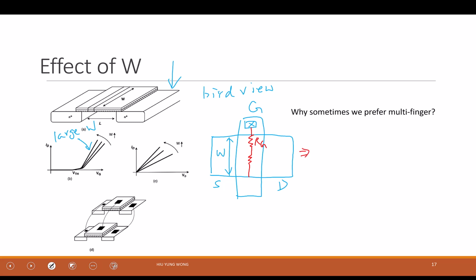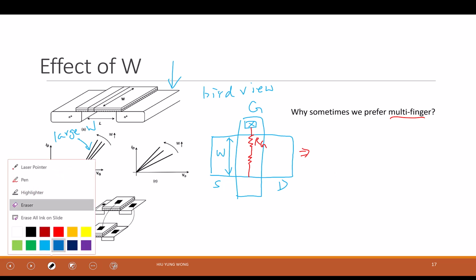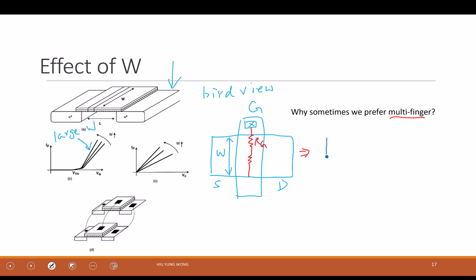It is called the multi-finger layout. I think it's good to mention this. So you still do this, but in segments. You will just reduce the length by half. You see this one is only W divided by 2, and this is W. How do I draw the rest?